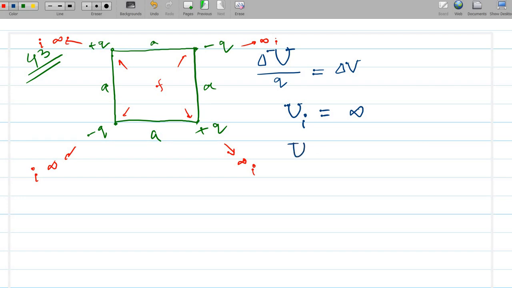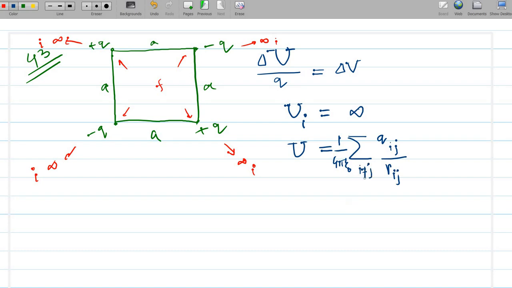What about the energy to bring them to their final position? That simply is going to be, every term should have 1 divided by 4 pi epsilon naught, and then q_i q_j divided by r_ij, where i cannot be equal to j.